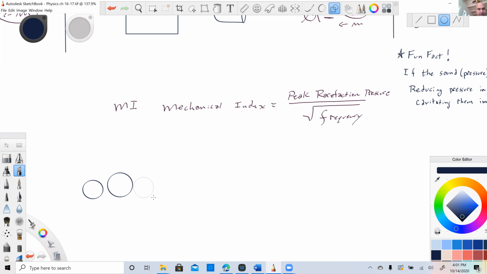So in other words, what I'm trying to show is that if there's not enough of a compression and rarefaction working on the bubble, we're just simply going to have regular echoes coming off.